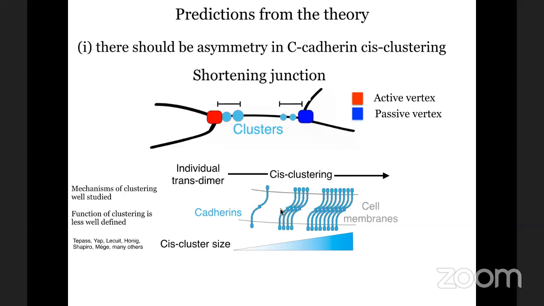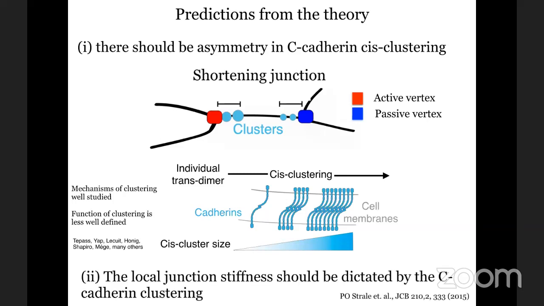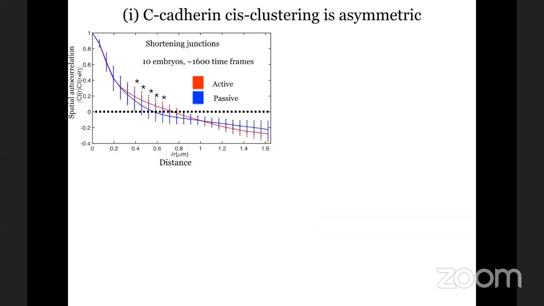Many of these trans-dimers can cluster together, as shown here, and then a larger number of trans-dimers show larger and larger cluster sizes. The mechanism of clustering is well studied, but what function clustering plays, especially in terms of embryo development, is not known. And we also predict that there should be a difference in the local junction stiffness that should be dictated by the clustering of cadherin, as motivated from some of the earlier work.